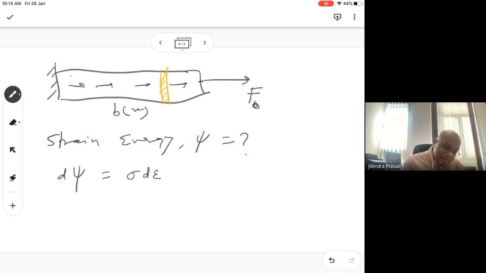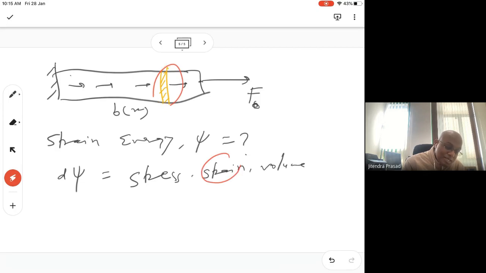So let's just write here stress times strain times volume. Volume is the main thing. So stress multiplied by strain is the energy per unit volume, multiplied by volume.